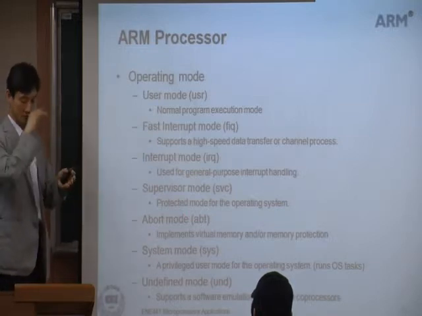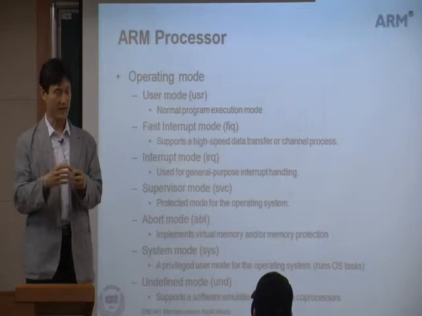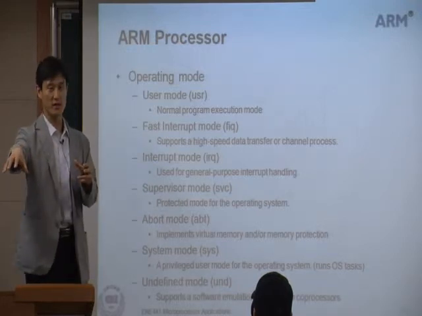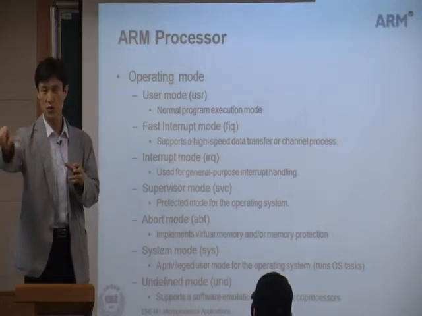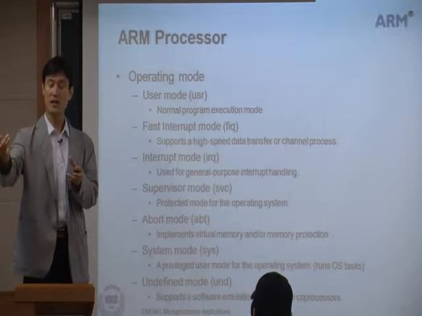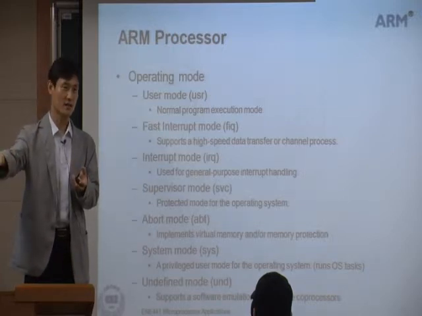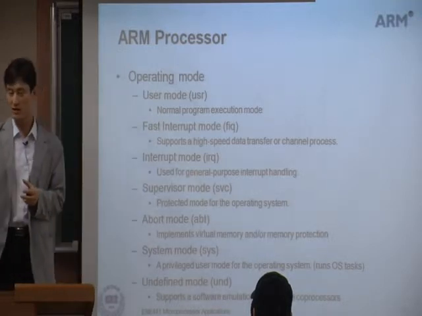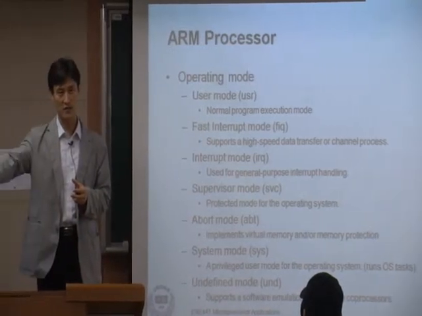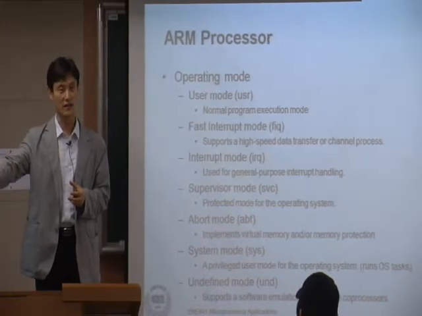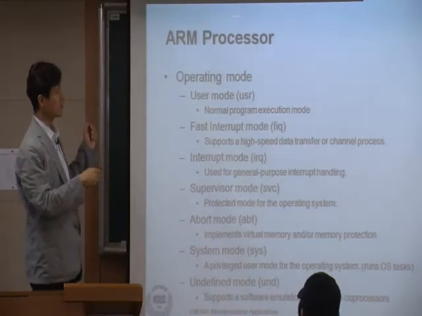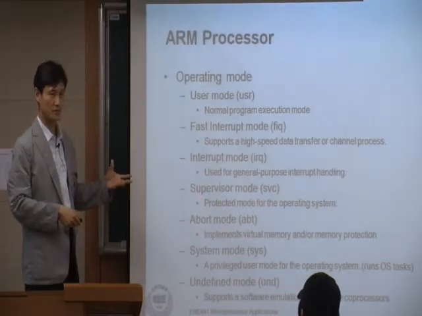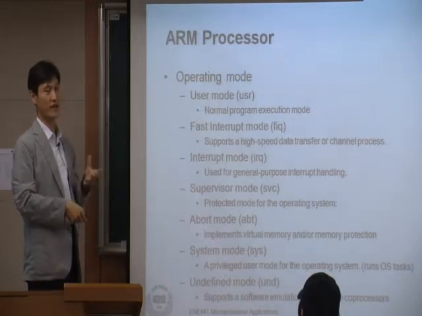For example, let's say you ask this processor to read some memory. The processor goes there to read it, and that memory does not exist. In that case, the processor suddenly changes to abort mode, because that's an error.